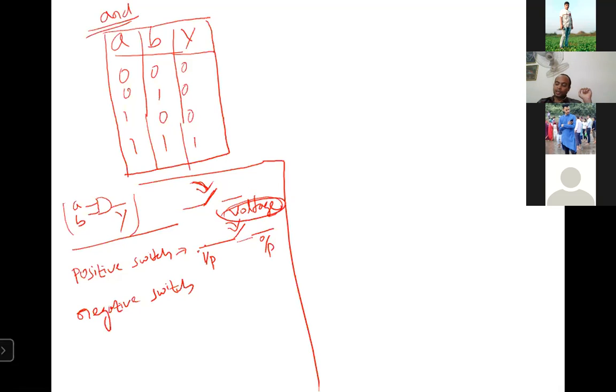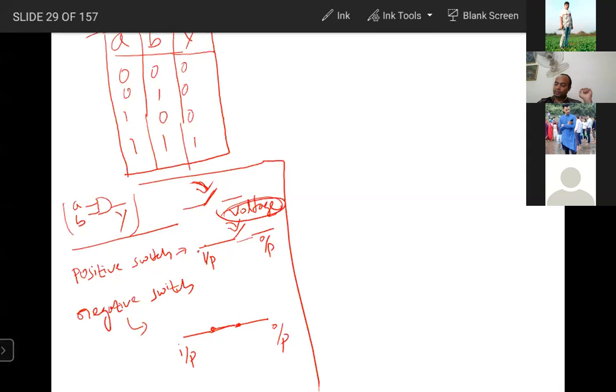Similarly, let us say I have one negative switch. That means it is, let us say, connected. This is input, this is output. Not connected.